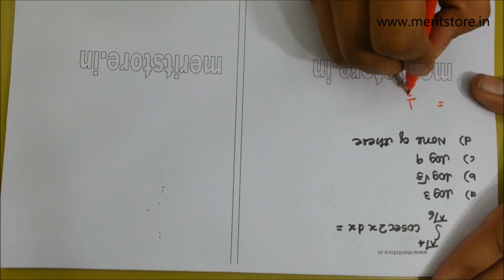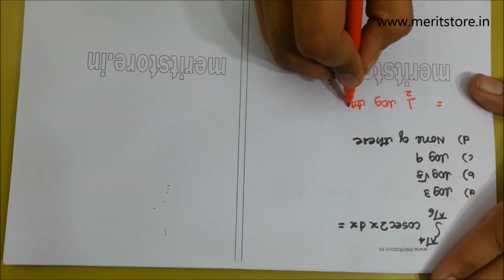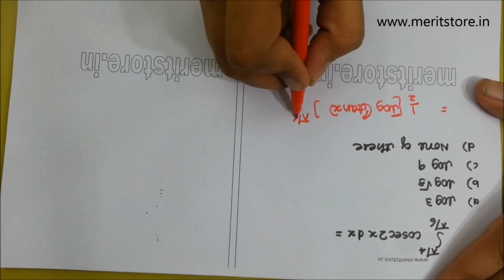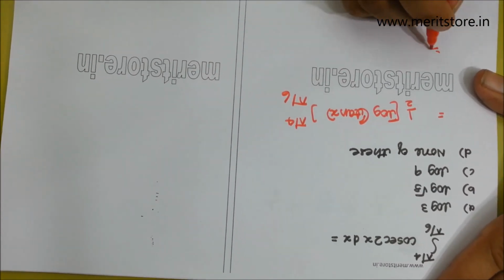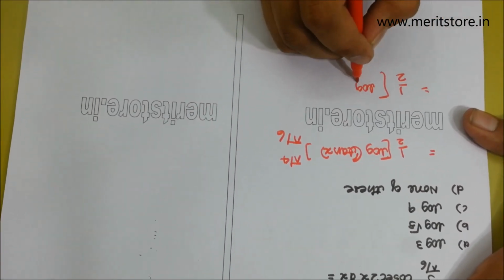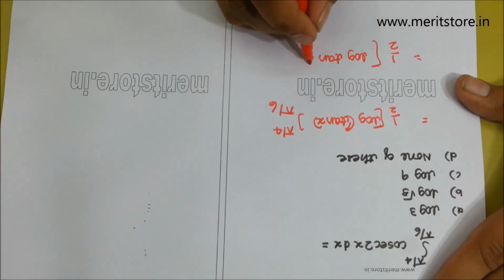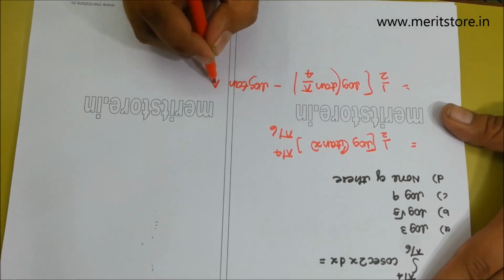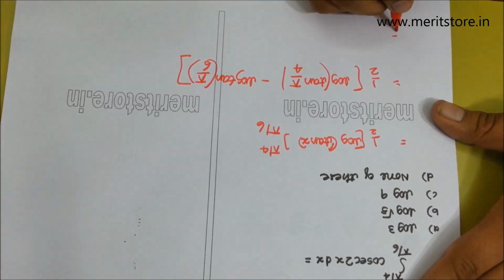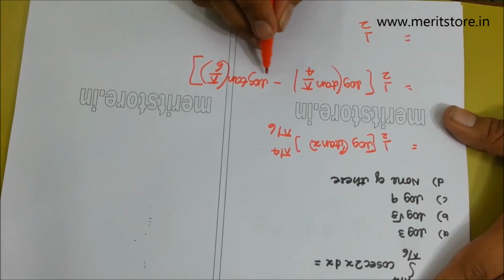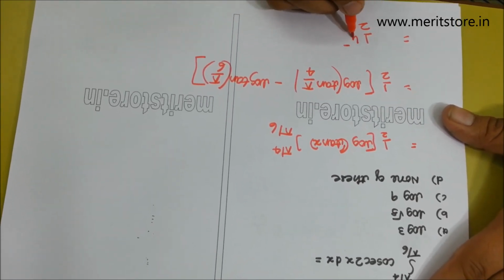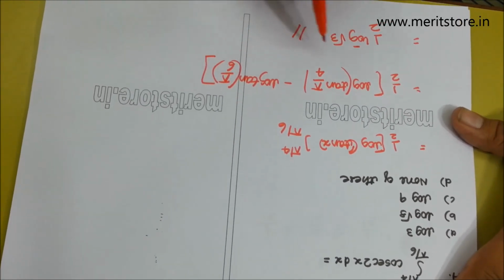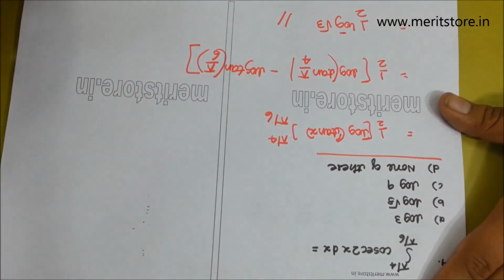This can also be solved as 1 by 2 log of tan x from pi by 6 to pi by 4, which can also be written as half log of tan, substituting the upper limit, that is pi by 4, log of tan pi by 4 minus log of tan pi by 6, which will give us half log root 3. That is none of the above. So option D is the correct answer.